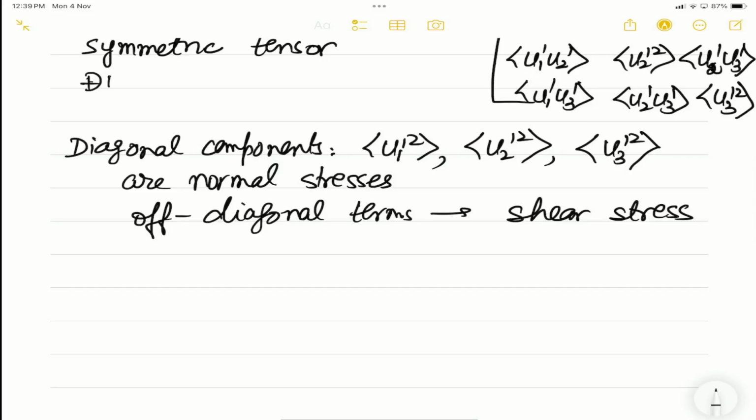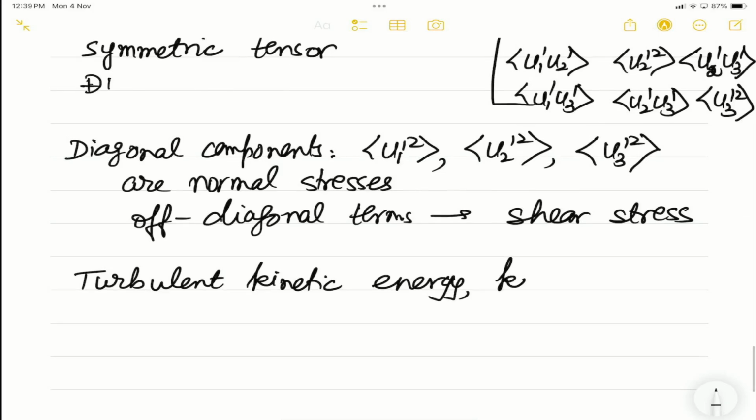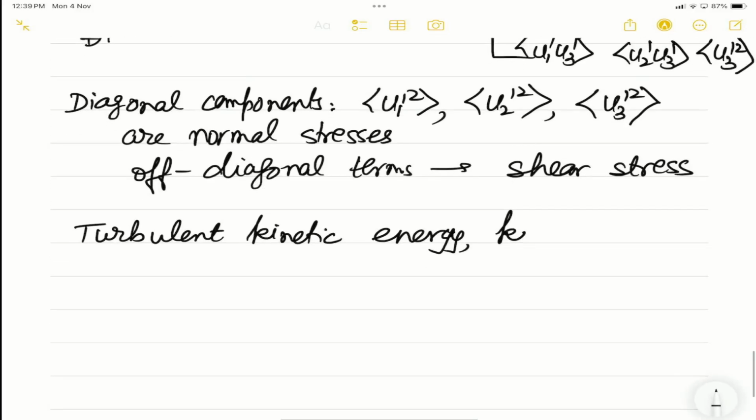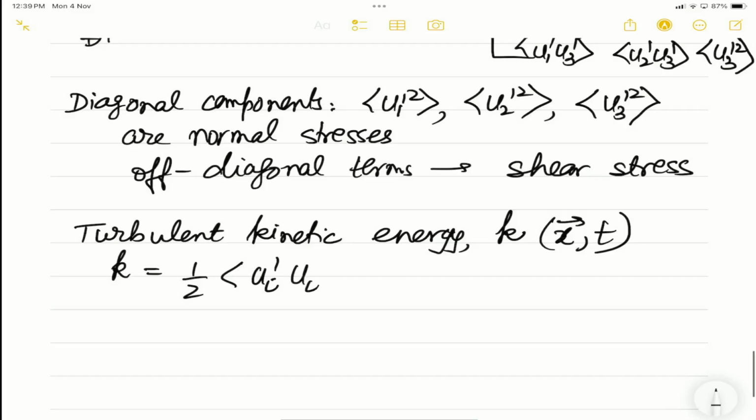Now also we have introduced turbulent kinetic energy K, and K is equal to half of ui prime ui prime.